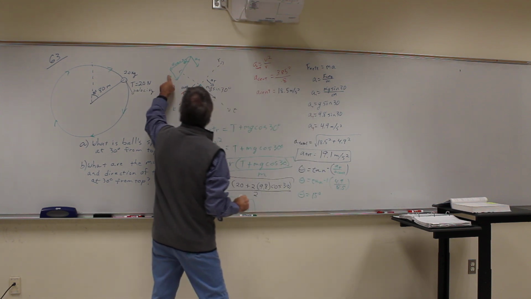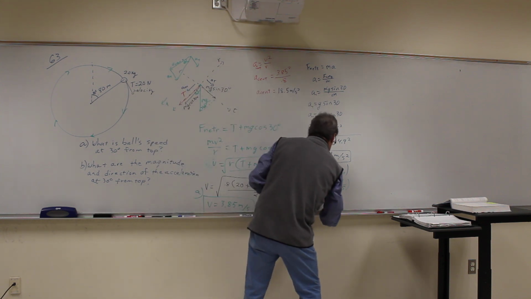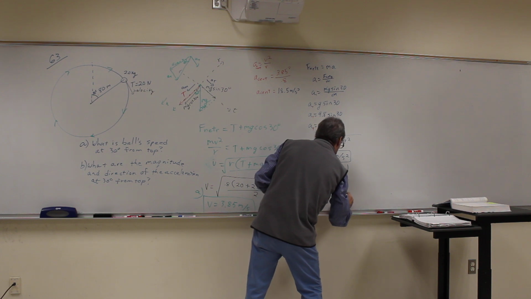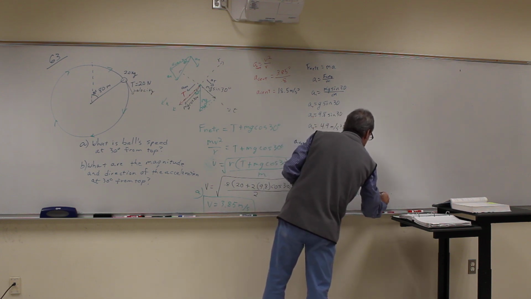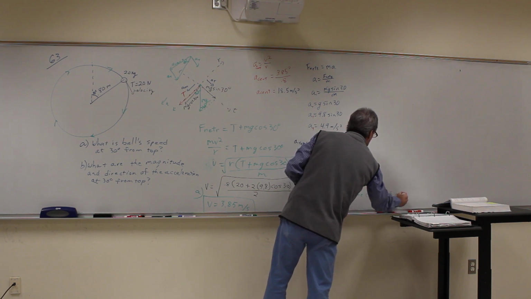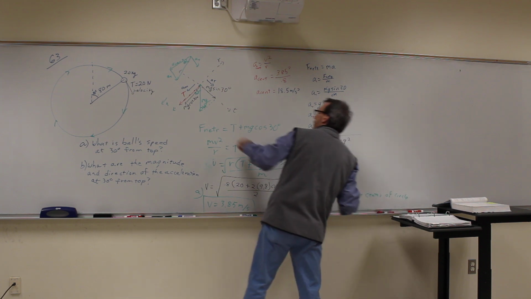Okay, and then we have to label it. That would be 15 degrees ahead of the center of the circle. Or you could have solved for the other angle.